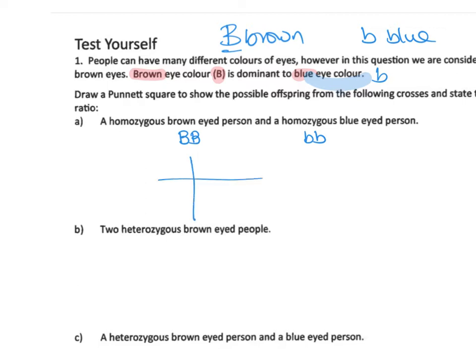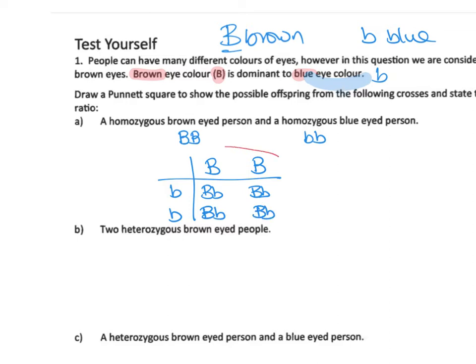So the Punnett square should look, now it doesn't matter whether you put the big B's at the top or down the side, so long as you've got two big B's in one place and two small b's in the other place, and then when you do the Punnett square, all the offspring are big B, little b.